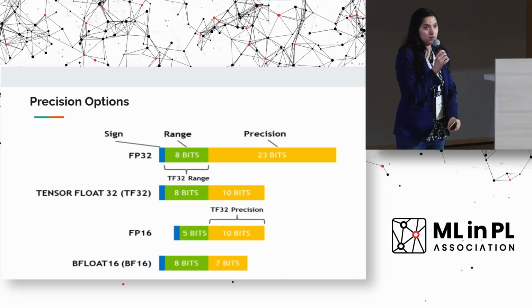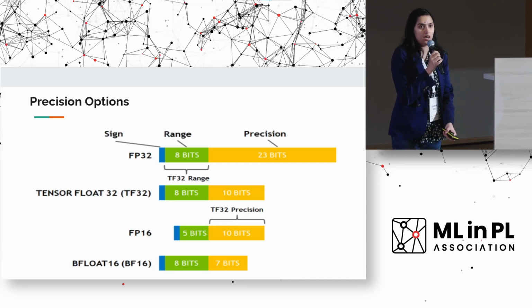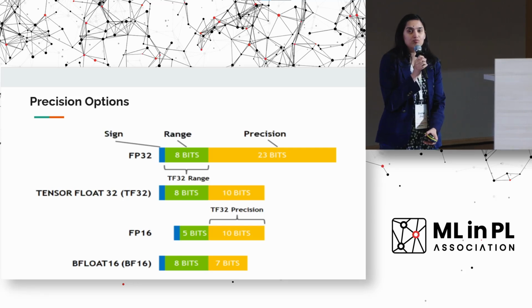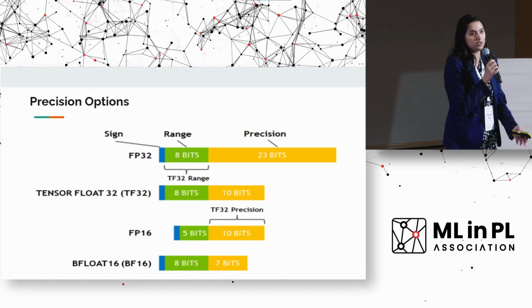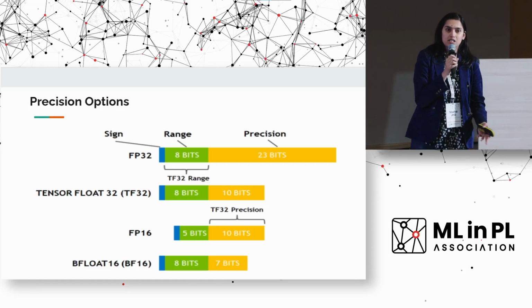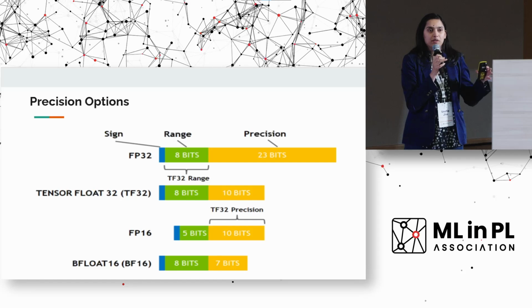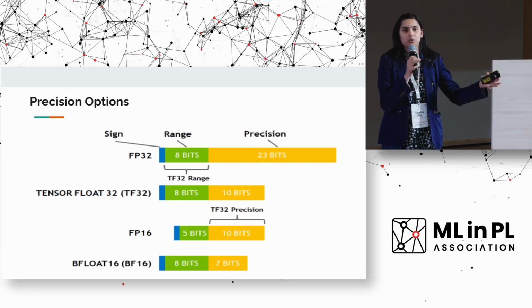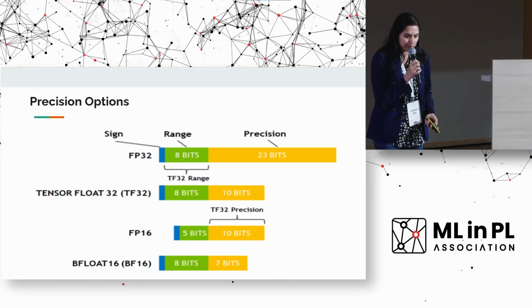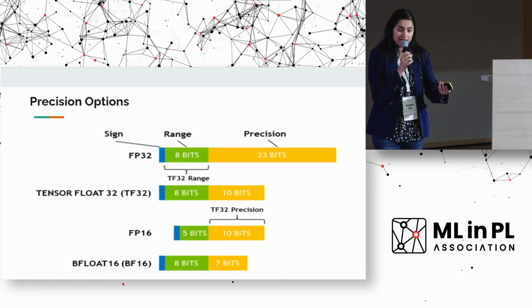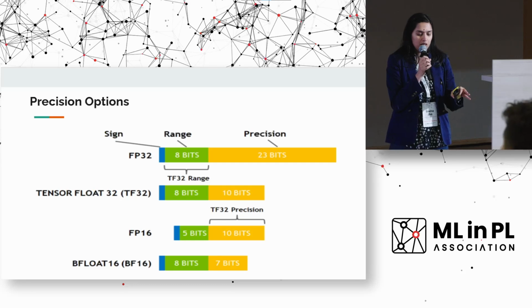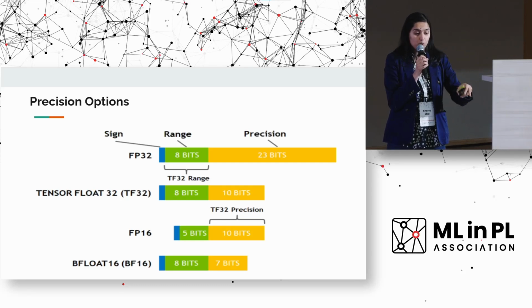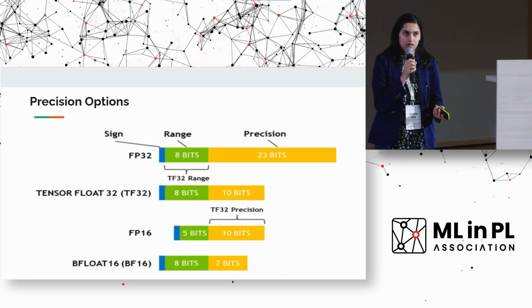You do need to be precise because if you are not precise enough, you run into the famous problems of vanishing gradients, and your dynamic range obviously needs to be able to cover everything that you have in your domain. This is actually a slide from the NVIDIA blog, where they try to compare the performance of the new TensorFloat precision variable.